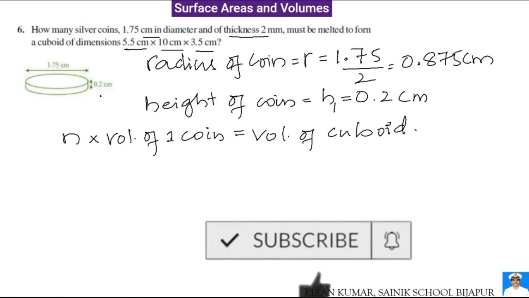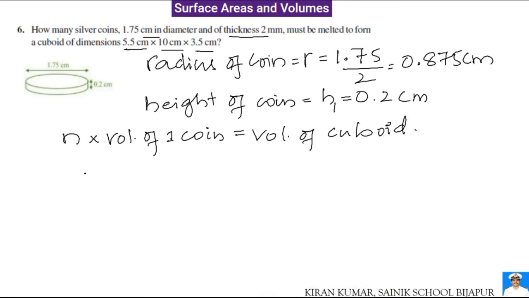You must know that this coin is same as a cylinder. The volume of a cylinder is given by pi r square h. Here it is pi r square h1. This will be equal to volume of cuboid, it's LBH.